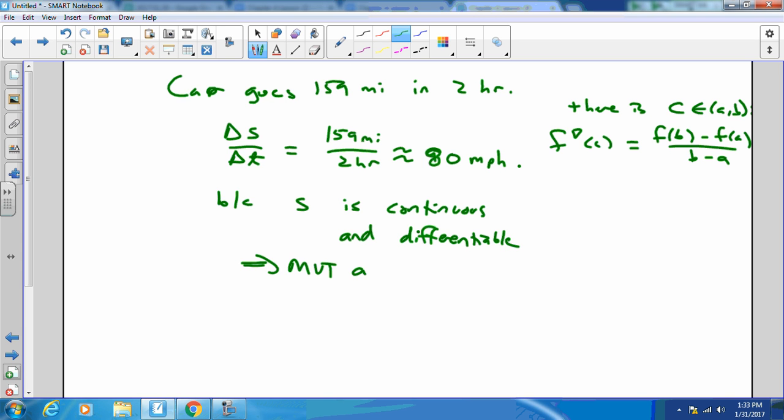So I can say that the car's instantaneous speed had to equal 80 miles per hour at some time t.